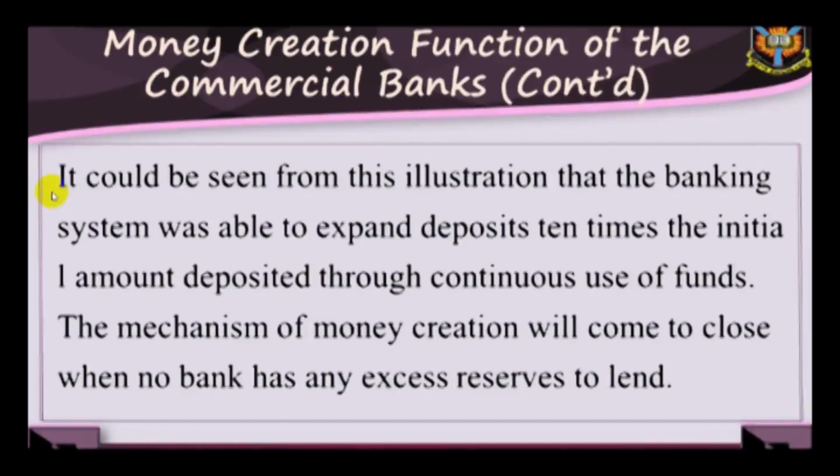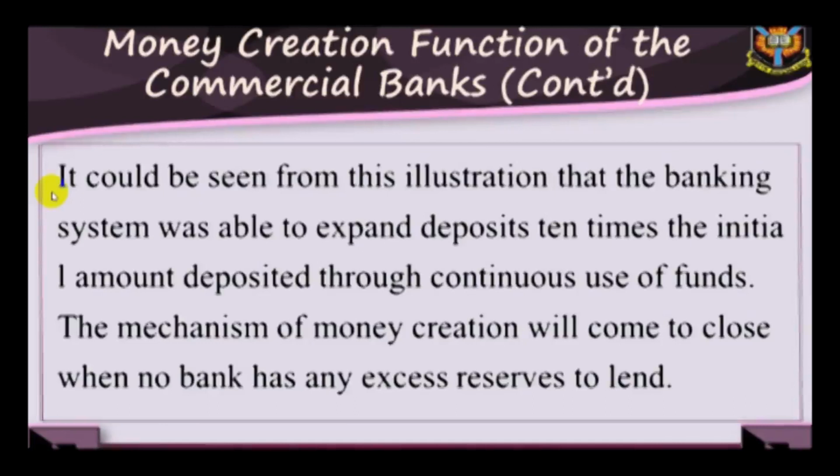It could be seen from this illustration that the banking system was able to expand deposit 10 times the initial amount deposited through the continuous use of funds. The mechanism of money creation will come to a close when no bank has any excess reserve to lend.